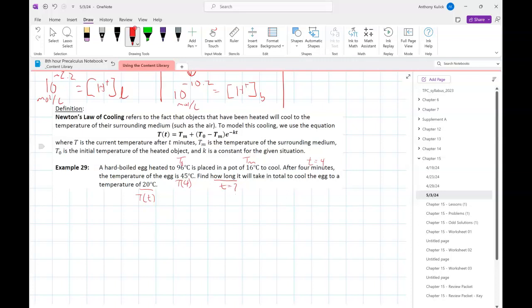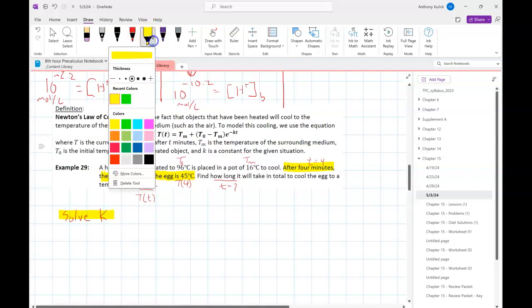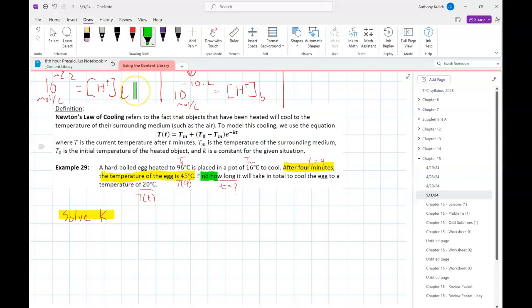K. So the first step is going to be using this information, the time and the temperature, to solve for k. And then once we have an answer for k, we can use that to solve for t. Everybody cool with that plan? So a two-stepper.